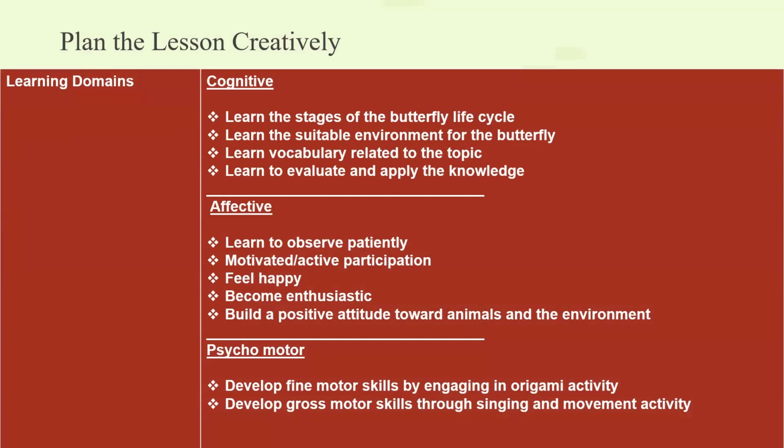When they learn the stages of the butterfly life cycle, that is understanding. Learn the suitable environment for the butterfly. That's the knowledge, absorption of knowledge. Learn vocabulary related to the topic. That is where their vocabulary development happens. And also they learn to evaluate and apply the knowledge.